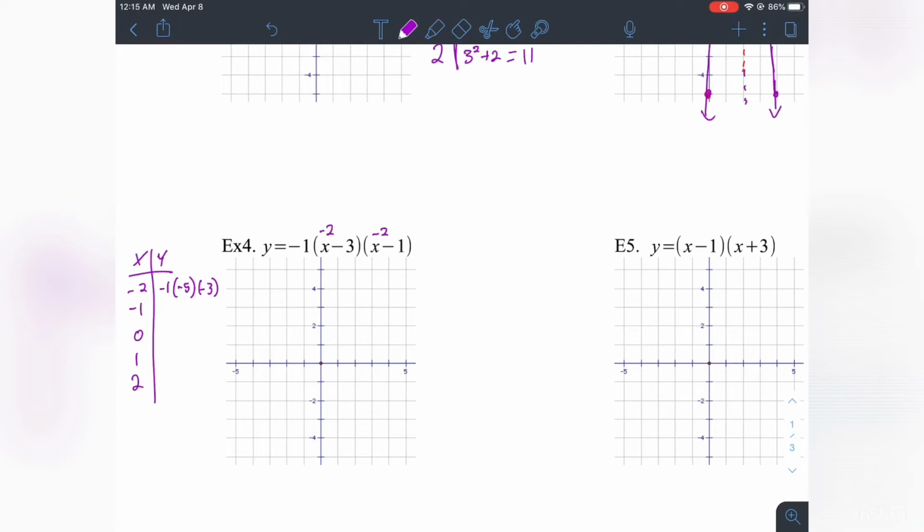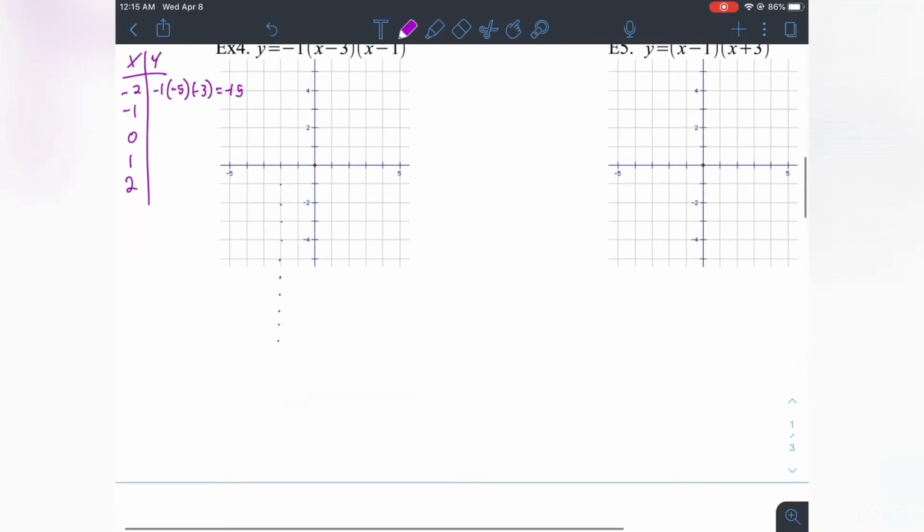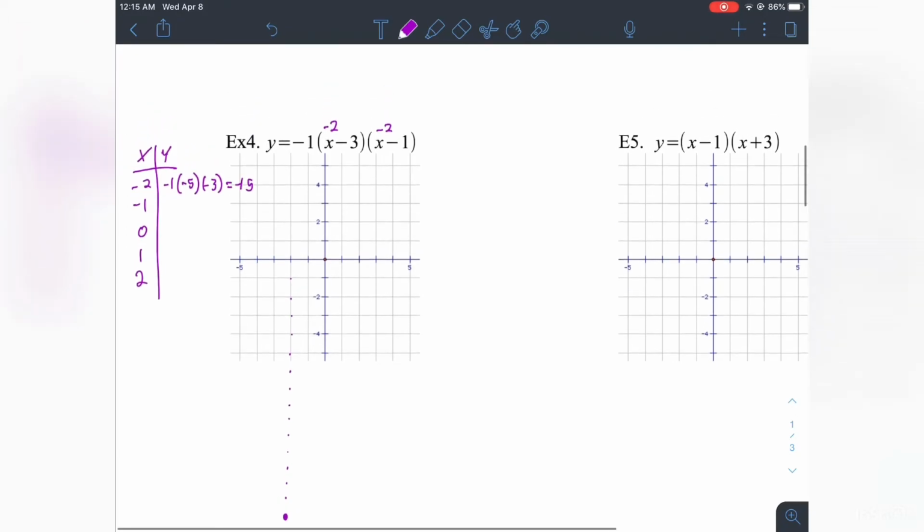So -1 times -5 is 5. 5 times -3 is -15. Holy cow. That got even a little ridiculous, even for me.